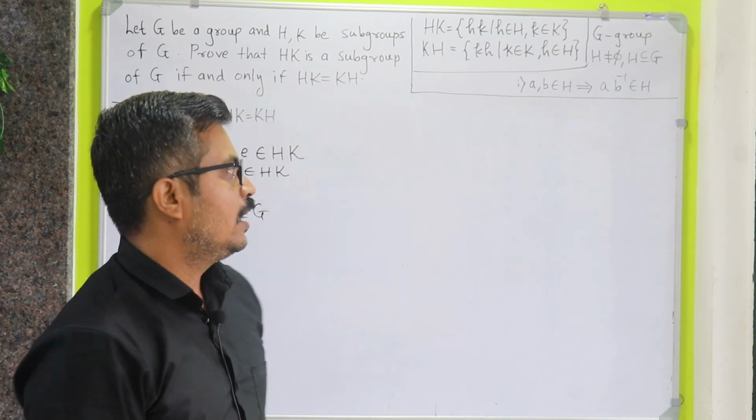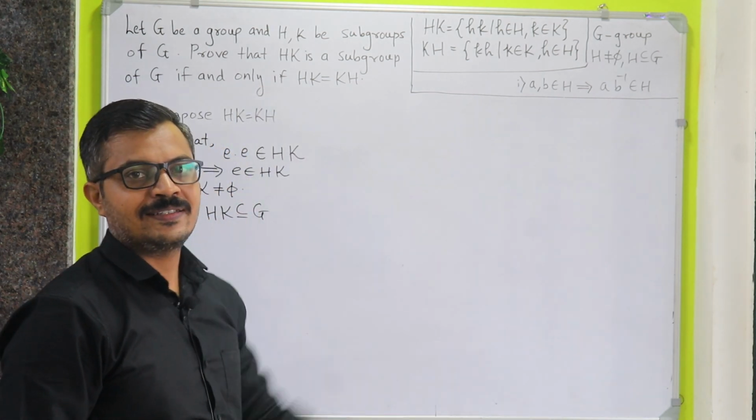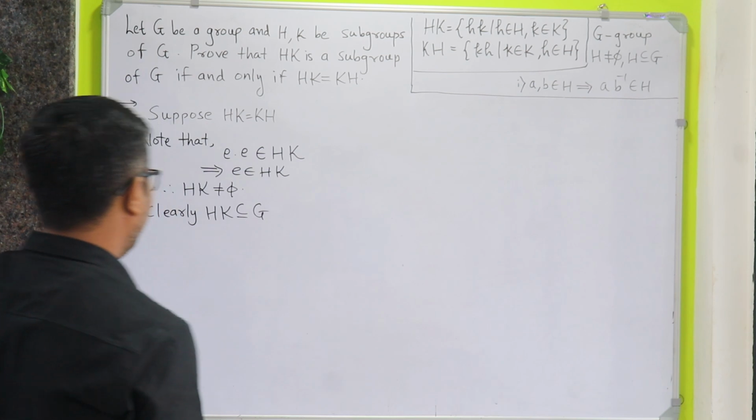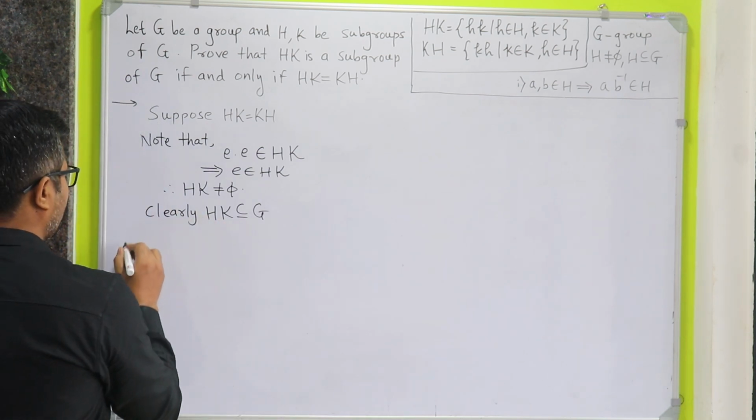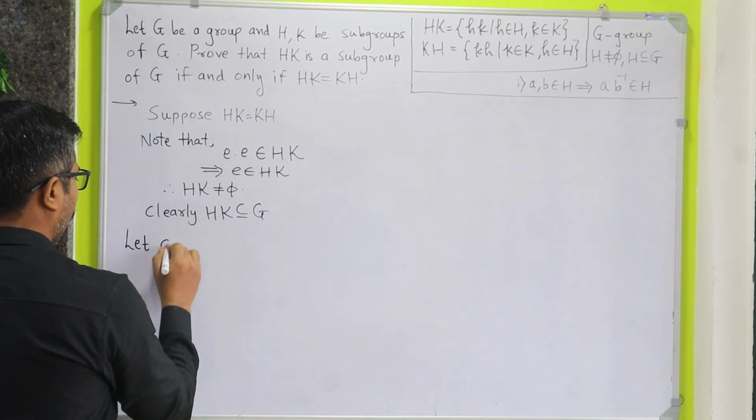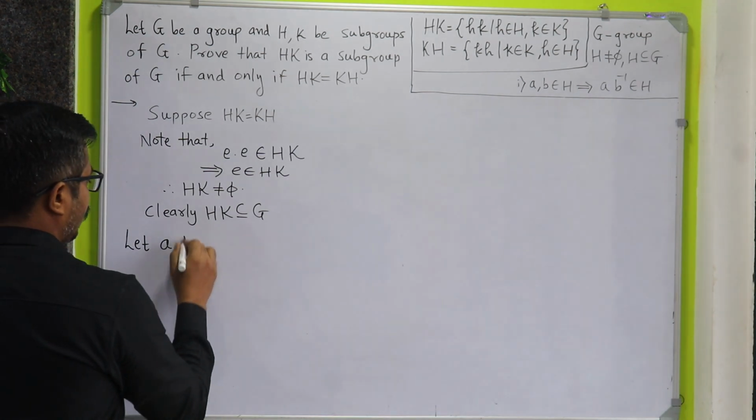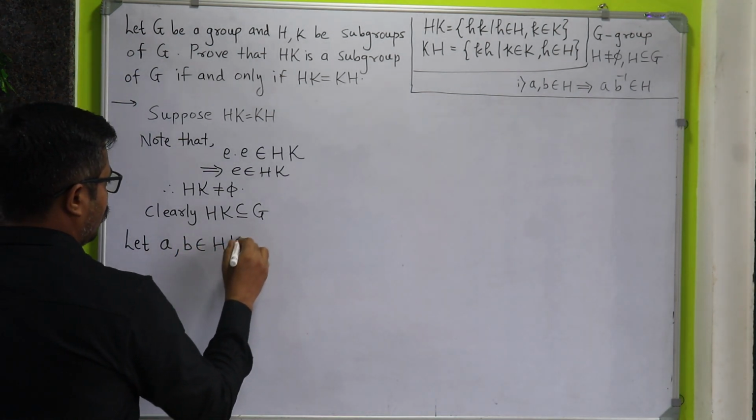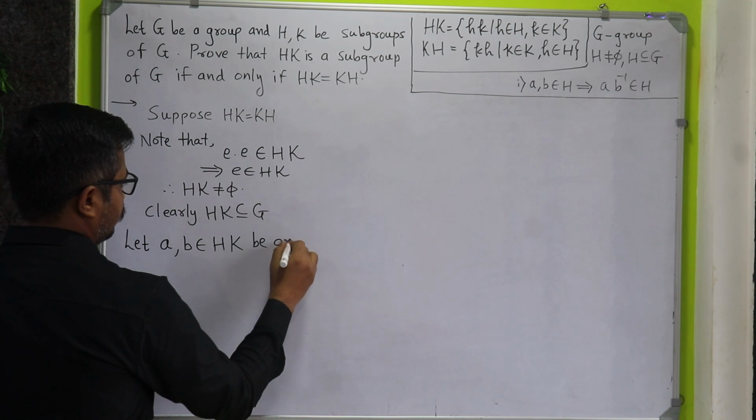Now as we have to prove the one step subgroup test, I will take two elements of HK. So I will say let a, b belong to HK be any elements.